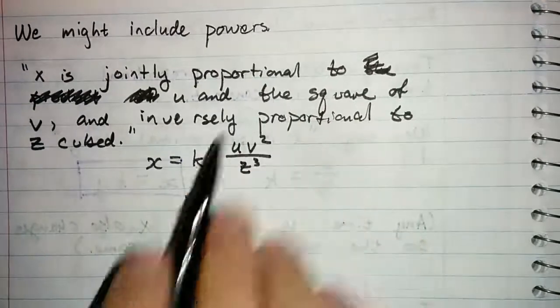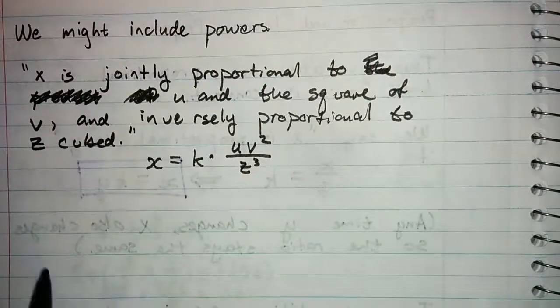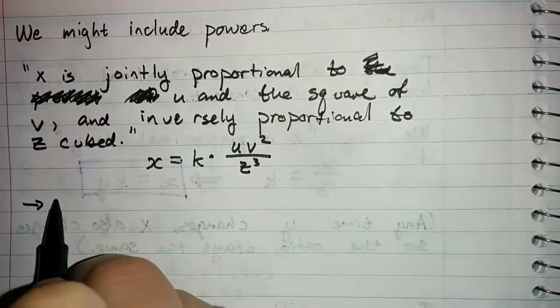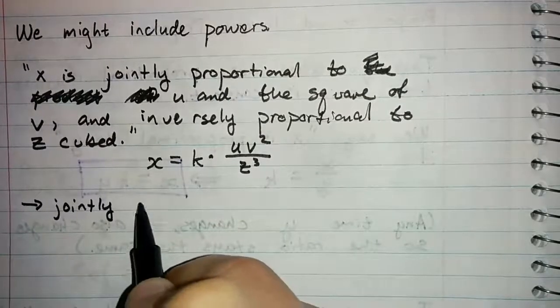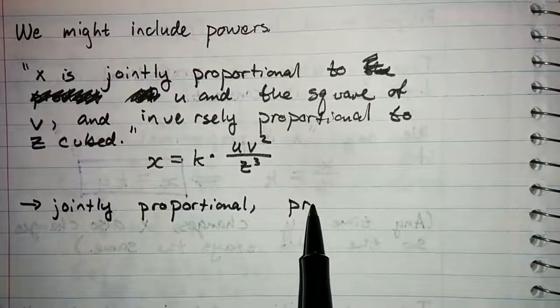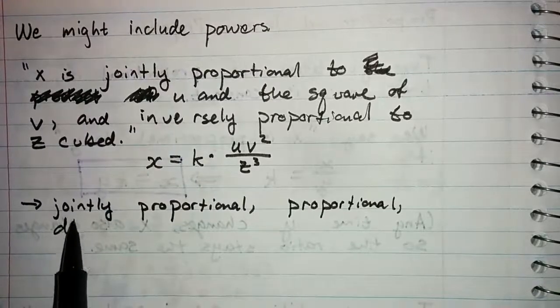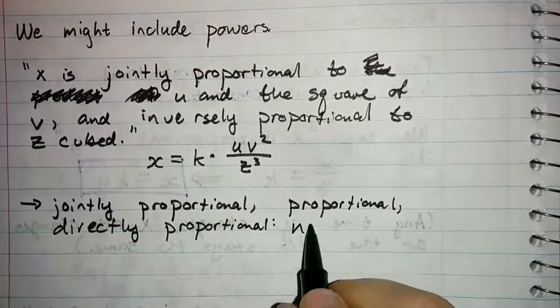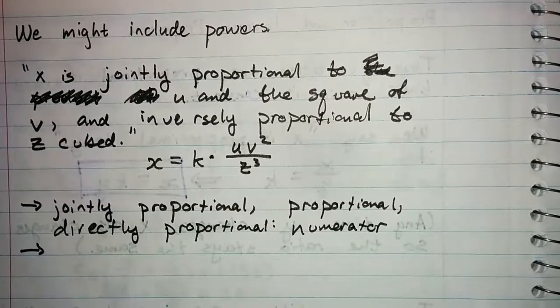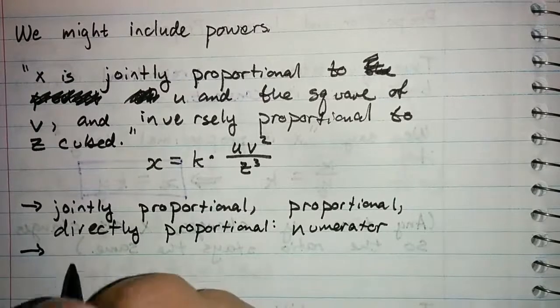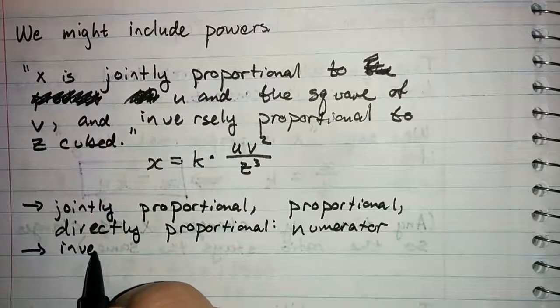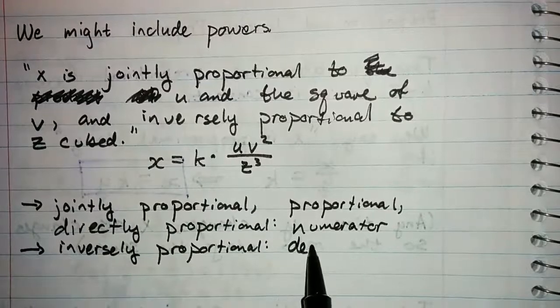So any quantity that's introduced with jointly proportional, just proportional, or directly proportional, that goes in the numerator. Any quantity that's introduced with inversely proportional, that goes in the denominator.